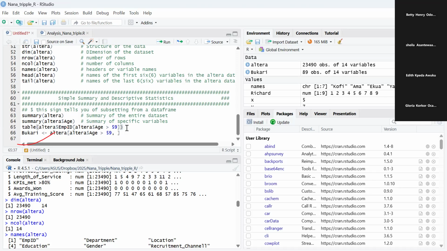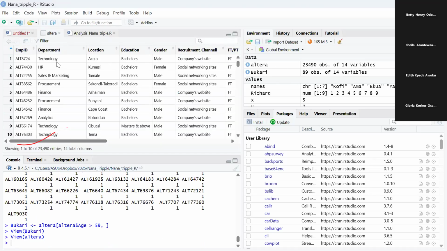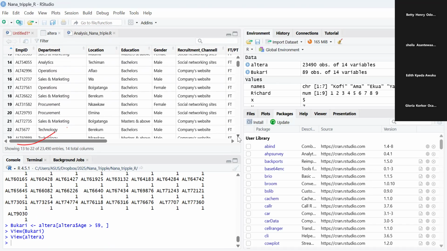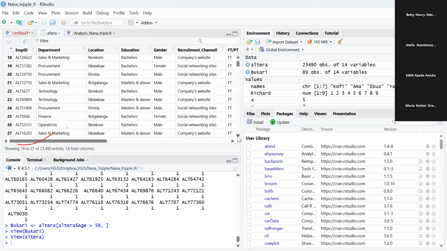So here comes your question, your answer. Let me not use rows and columns. All that we are saying is that as you move along, keep all the columns, but take only the rows of people who are greater than 59.